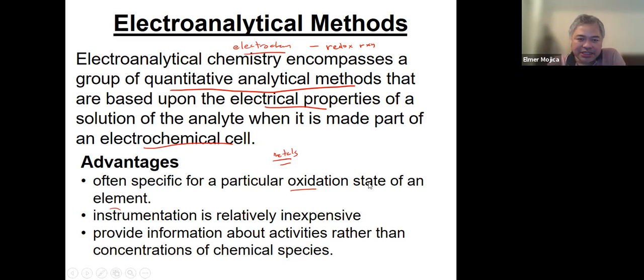Now, I think the main advantage of an electroanalytical method is it's cheap. Okay, it's low cost. Its instrumentation is relatively inexpensive. In fact, I'm 100% sure all of you have experience using an electroanalytical method device.